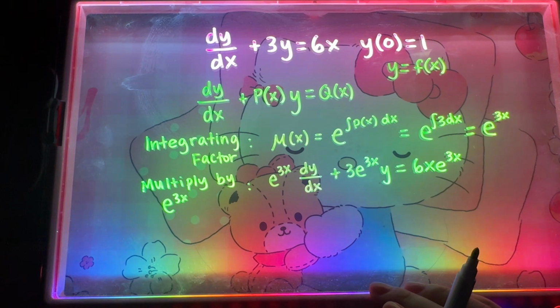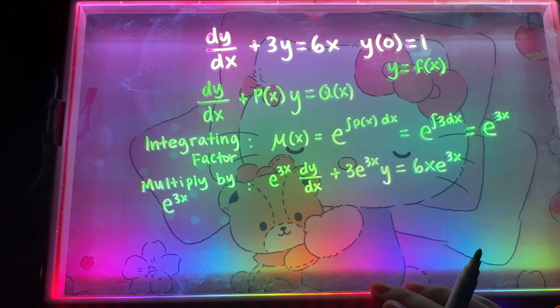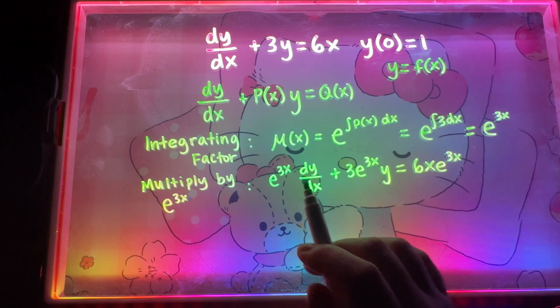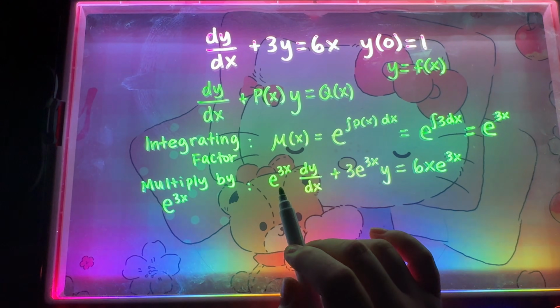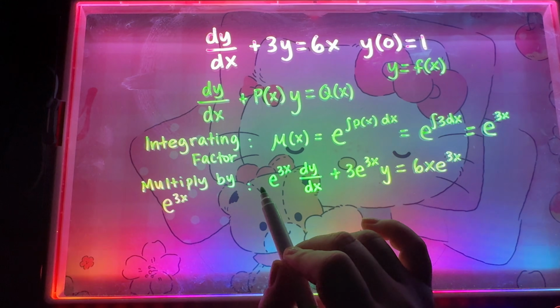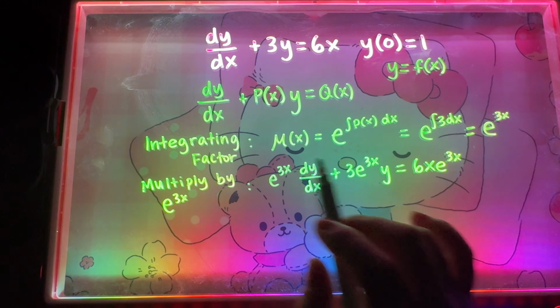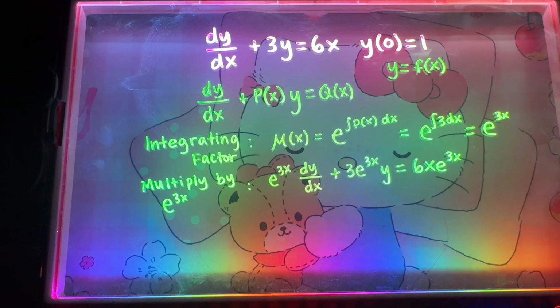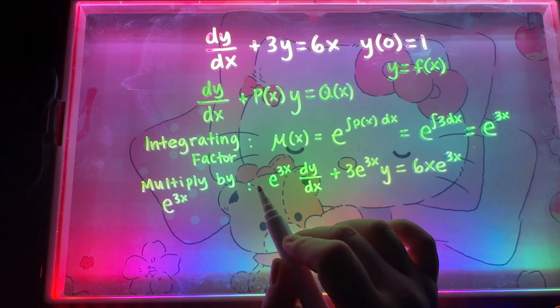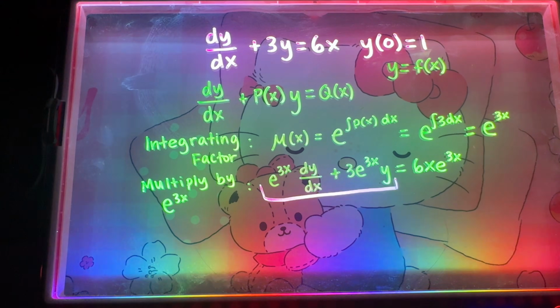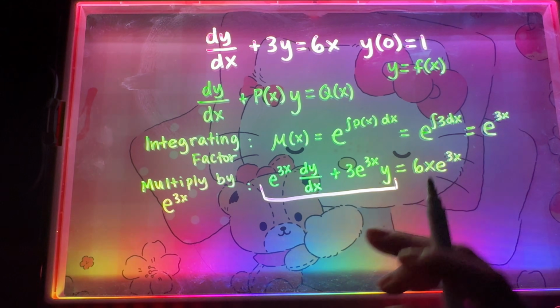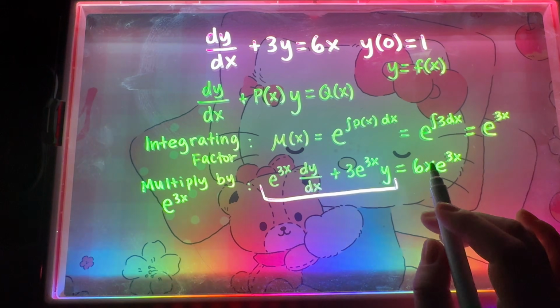Right now it kind of looks random, but the reason we do this is because now we can actually see, it's a little tricky at first, but when you do this over and over, you'll start to see this pattern. The reason we did that is because if we look at this side, this is actually the derivative of a product.